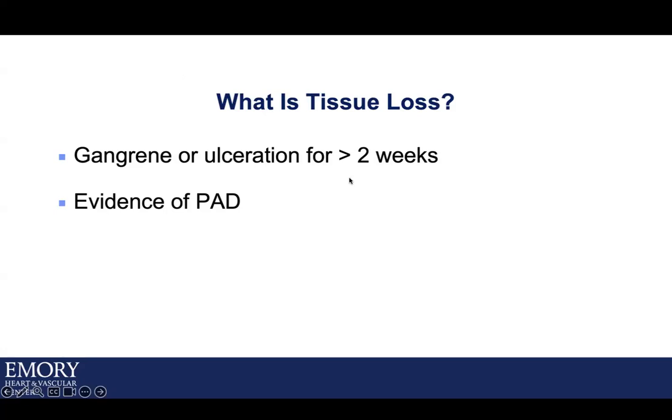The second part of the WIfI, the ischemia portion, you have to have at least grade 1, which I will talk about. This definition excludes traumatic, venous, and neuropathic ulcers. So CLTI is present if either ischemic rest pain or tissue loss with appropriate hemodynamics.